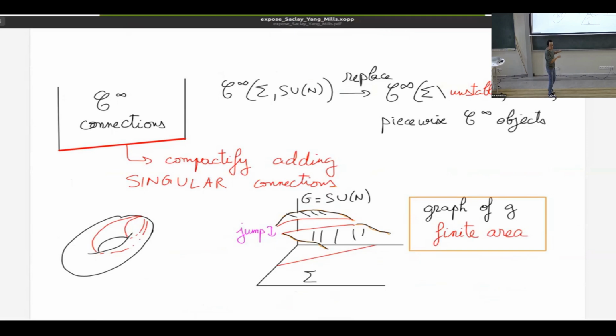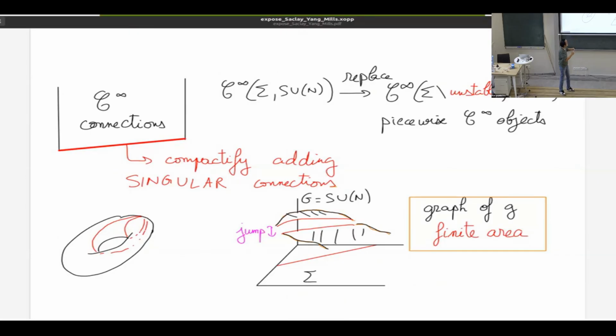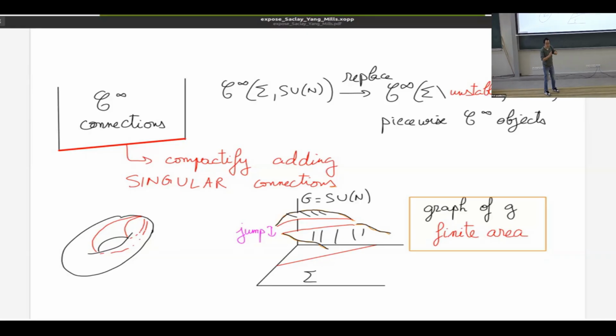Instead of working with smooth connections, we have to accept working with singular connections. In some sense, we have to compactify the space of smooth connections by allowing singular connections. And instead of working with smooth gauge transformations, we have to accept working with gauge transformations which develop certain singularities.